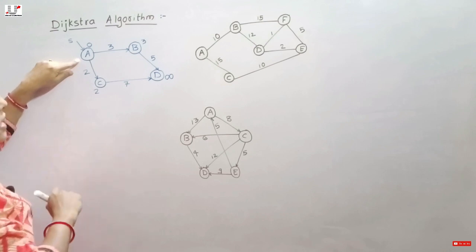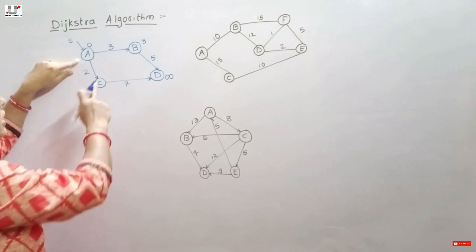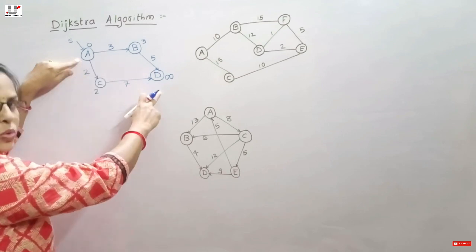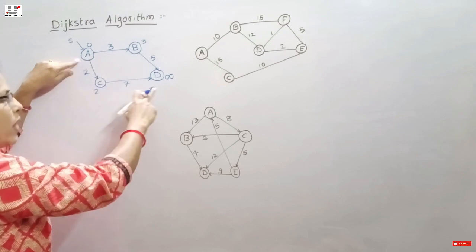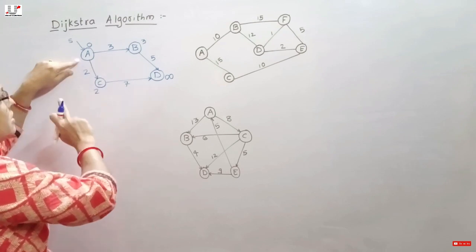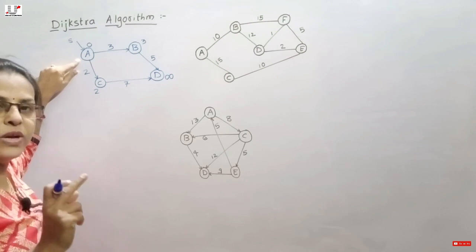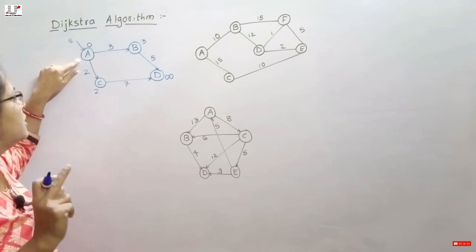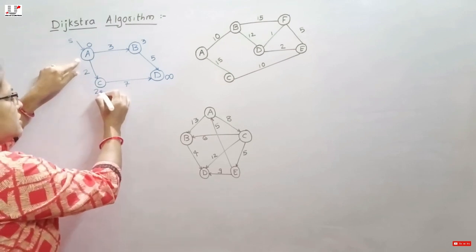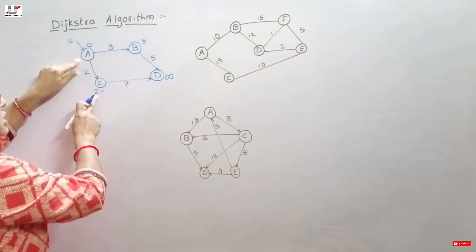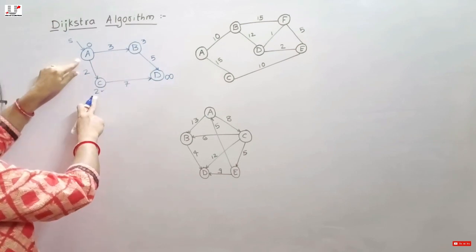Now in this graph there are two possibilities through which we reach from A to D, one via B and the other via C. As Dijkstra says, it always works with the shortest path, so it will select C among these 2, 3 and infinity, since 2 is the shortest one.